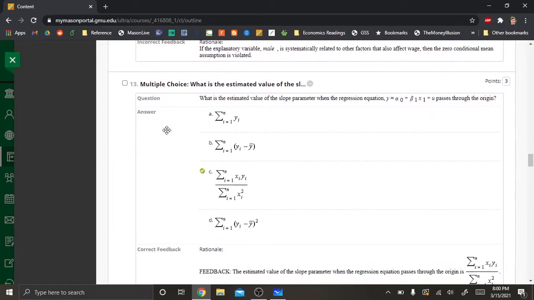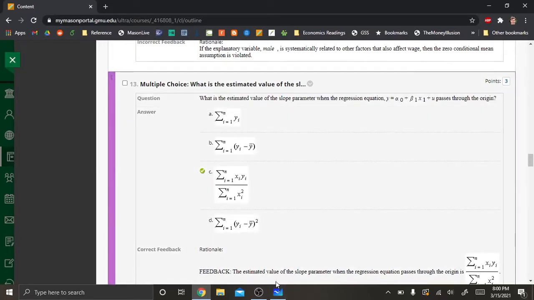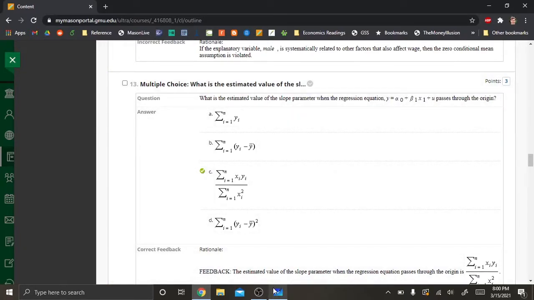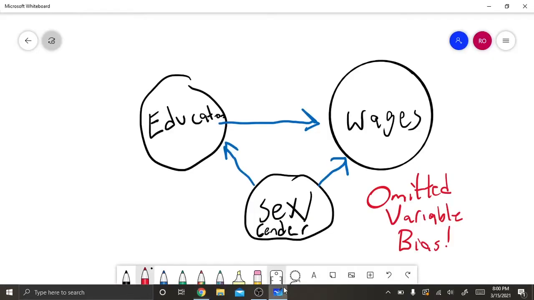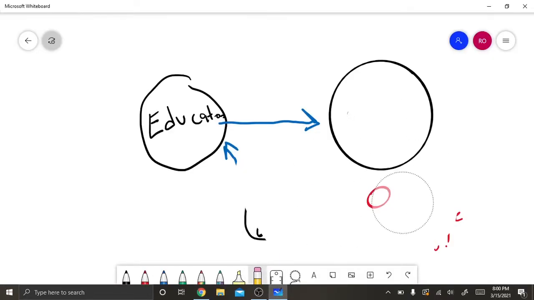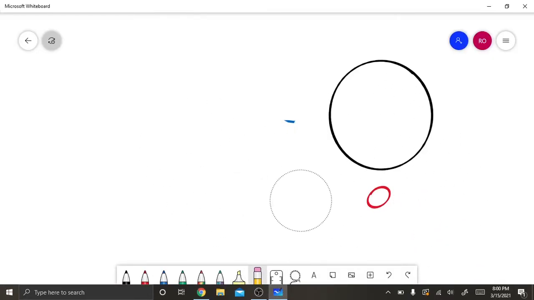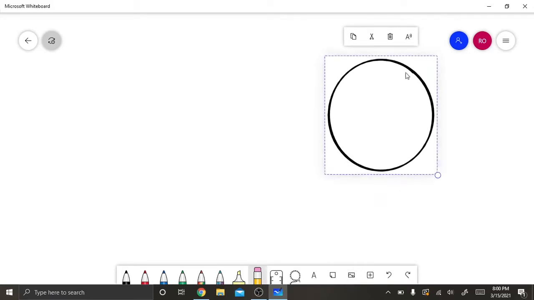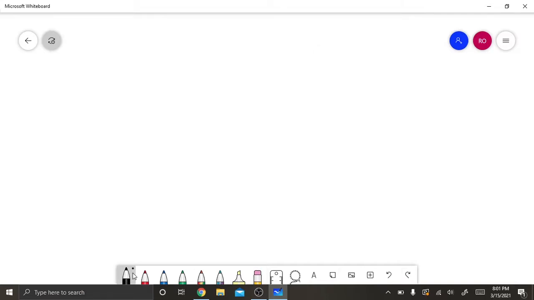All right, 13, probably the hardest question. So this is asking, what is the value of the slope parameter when it passes through the origin? Okay, so what does that mean? Well, let's start by writing out our equation for the slope.